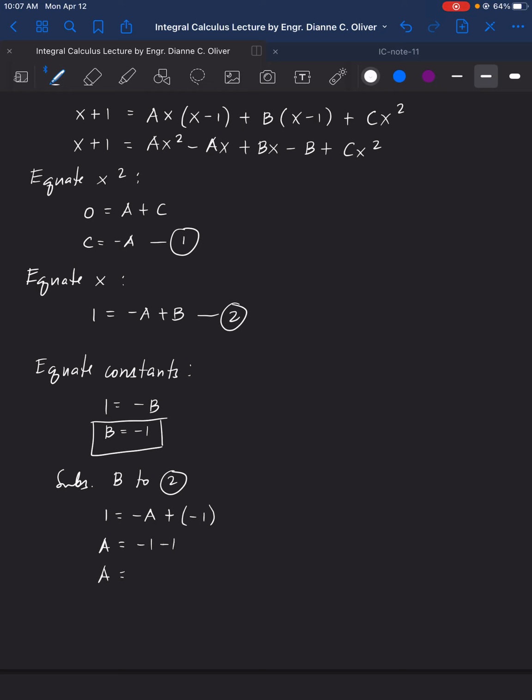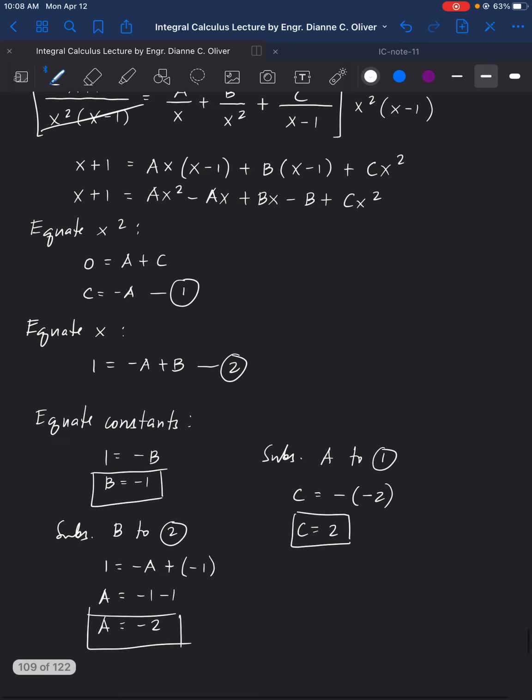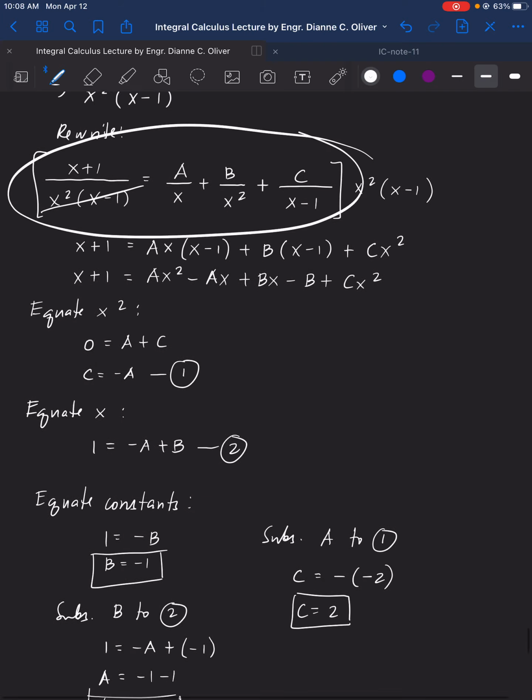So a is equal to negative 2. Then substitute a to equation 1. So we have here c is equal to negative of negative 2. So c is equal to positive 2. Okay, finally we have the 3 constants needed for this.